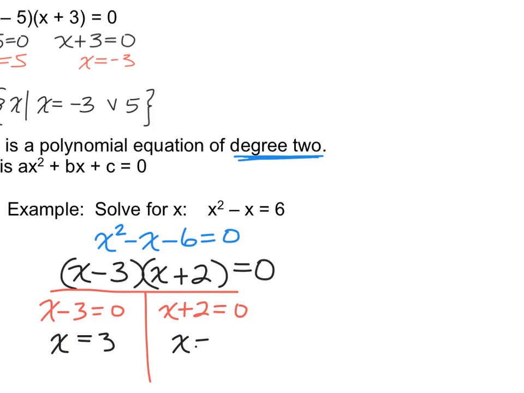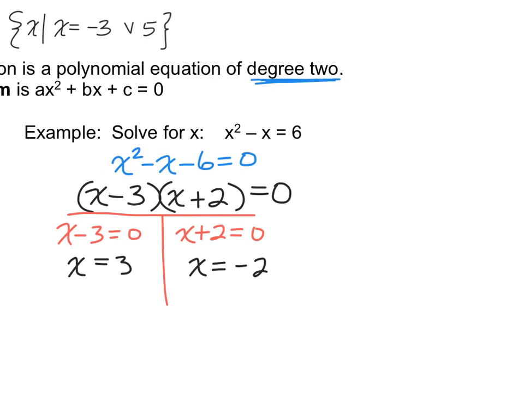Subtract 2 from both sides, x equals negative 2. And you have your solution. I'm losing my squiggly bracket powers. X such that x is equal to negative 2 or 3. All right.